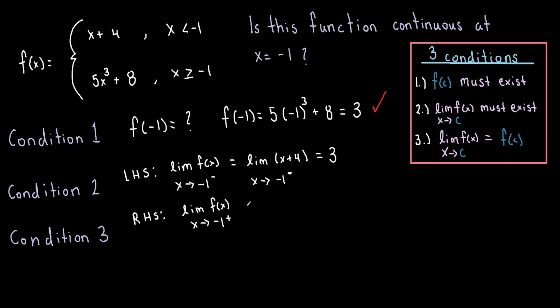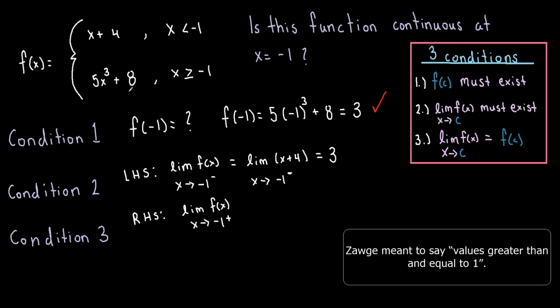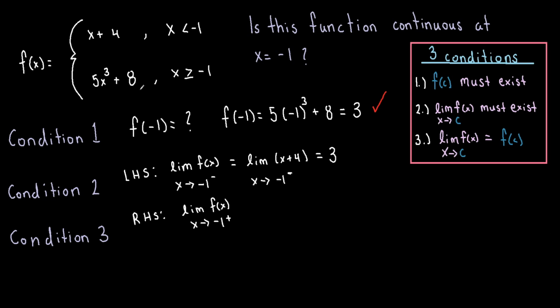And the function we're going to use is this function over here, because this function exists for all x values greater than -1. So we have the limit of 5x cubed plus 8 as x approaches -1 from the right-hand side.